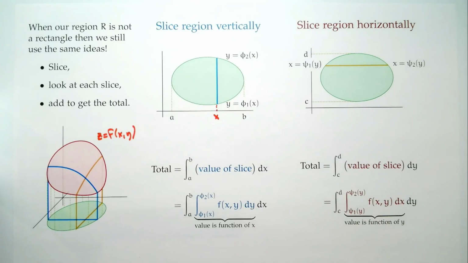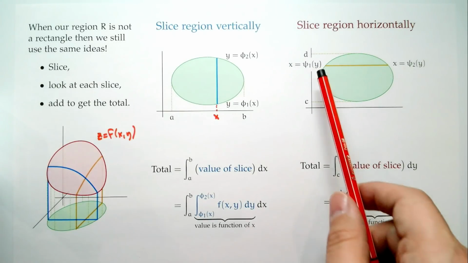Initially we start out with f of x comma y. It depends on both x and y. After we integrate one time, we're going to get rid of the y's, and then we're just going to have only x's. And then once we integrate with respect to x, we're only going to have a number. That's our number. That's our total. That's what we're after.